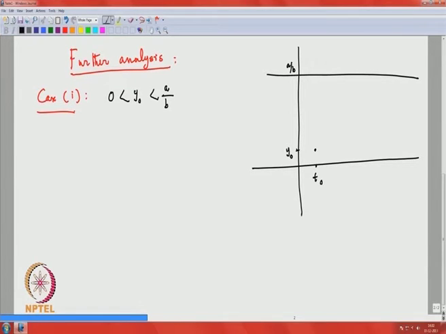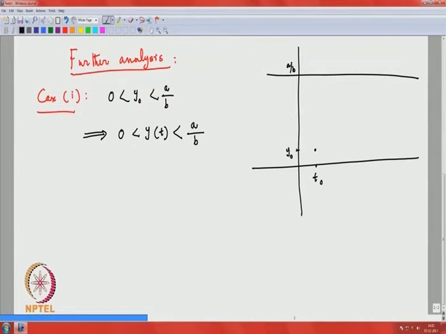What we have seen is that y equal to a by b is a constant solution, and y equal to 0 is also a constant solution. As t moves, y(t) has to remain in between. These are the exercises I gave in the last lecture. So, it is also true that 0 is less than or equal to y(t) less than a by b all the time; it can never touch these two lines.